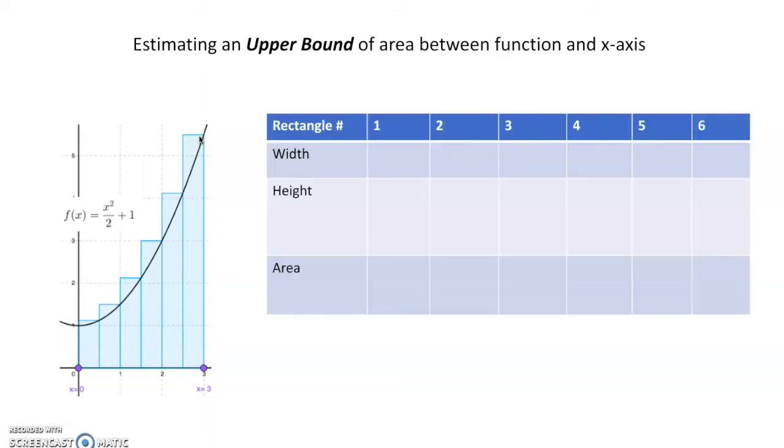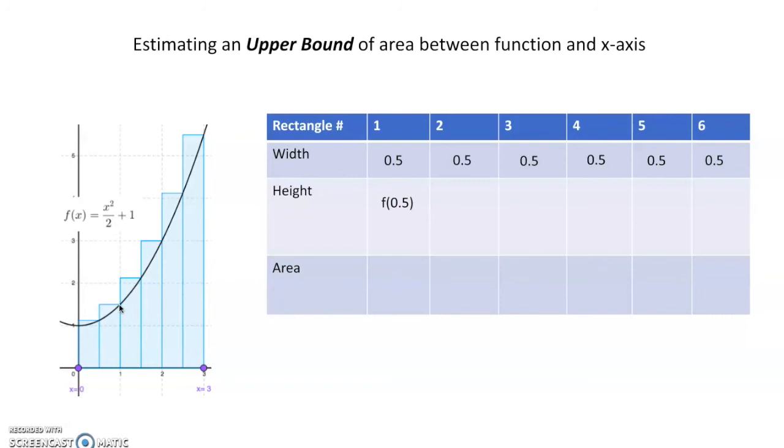So I've got my table set up. Again, same number of rectangles, so they all have the same width of 0.5. This time the height of the first rectangle meets the function at this point here. So that is the value of the function when x is equal to 0.5. So f of 0.5. The second rectangle has a height here at this point.